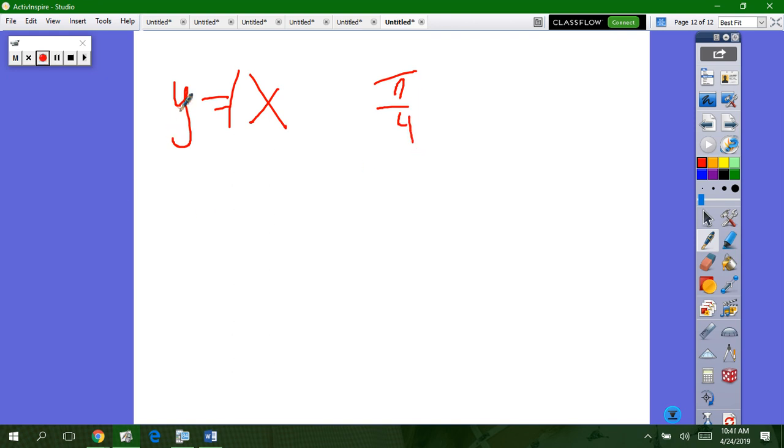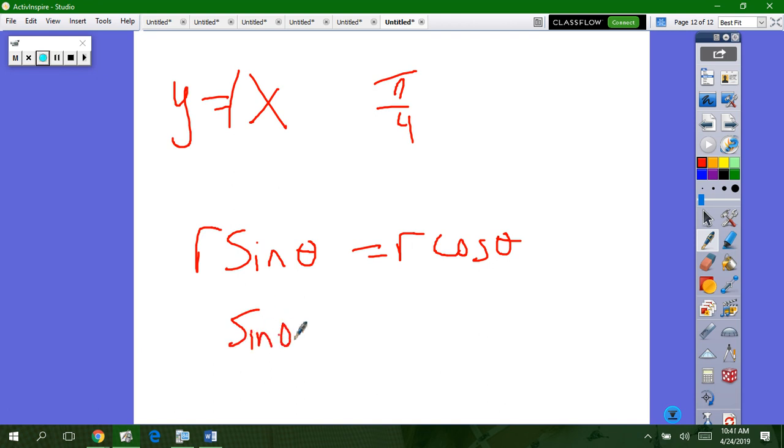So what's another name for y? r sine of theta, right? Equals r cosine of theta. If I divide that over, I get sine of theta over cosine of theta equals 1, which is what?